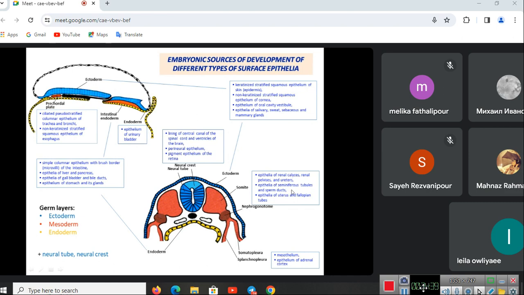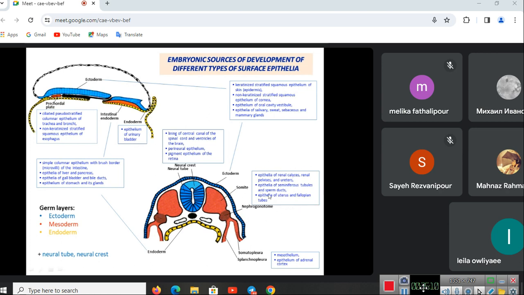Seminiferous tubules, sperm ducts, these are the organs of male reproductive system. And epithelia of uterus and fallopian tubes, these are organs of female reproductive system. So nephrogonotome, which is the part of mesoderm, gives us the epithelium of urinary and reproductive system.